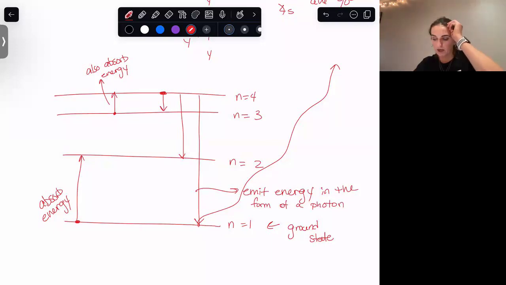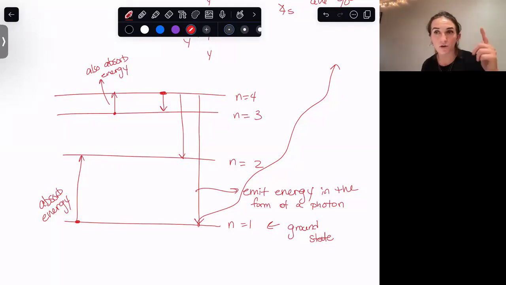Okay, so this is emitting energy in the form of a photon. So this is light. This is the colors that we were seeing at the beginning of this chapter, right? They have a specific color wavelength or color pattern for all of the elements, and that's because the energy levels within that element are at certain quantized positions around the nucleus.